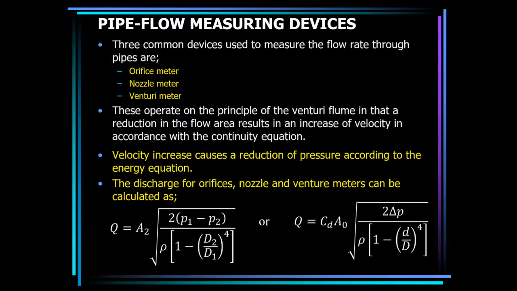So in all these cases also, there is a reduction in the flow area, and when the flow area is reduced, the flow is locally accelerated, and the velocity increase causes a reduction in pressure according to the energy equation. And the discharge for orifices, nozzles, and Venturi meters can be calculated using this or that. Here we have the coefficient of discharge introduced, and this is the pressure difference, and this is the depth of the orifice, and this is the depth of the pipe.